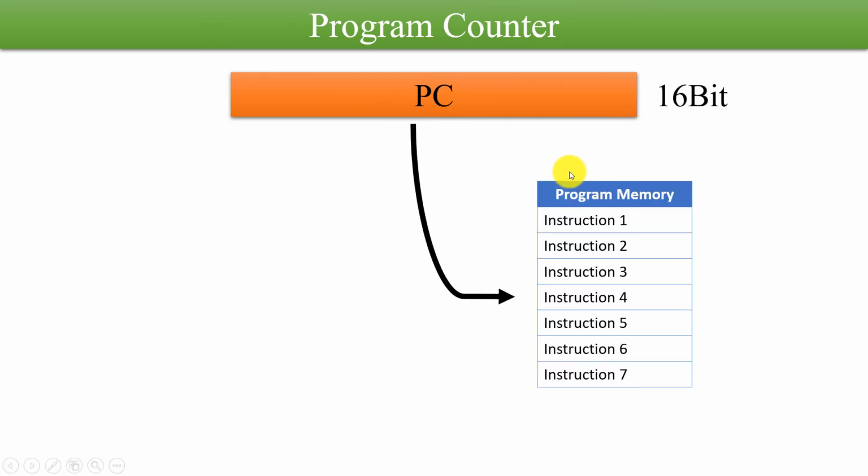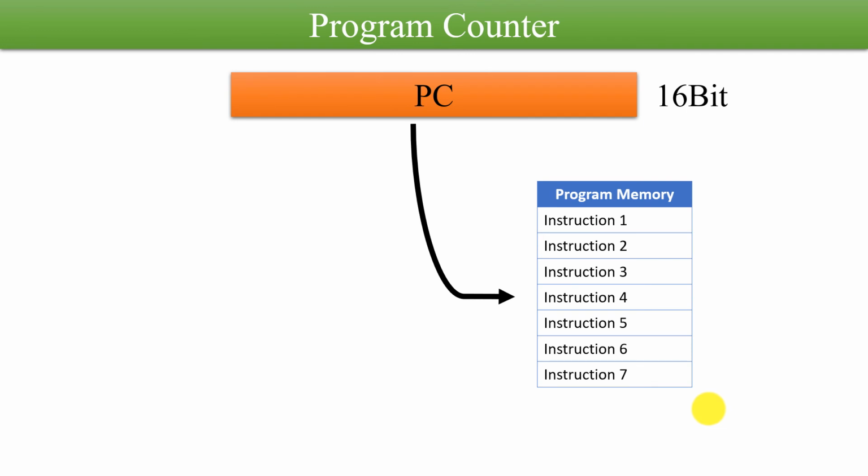So if, for example, in 8085 we have some program memory where some program is written, then the program counter register will point to the next instruction to be executed. So at present it is executing the third instruction, then it points to the fourth instruction. So as soon as number 3 is over, fourth is executed. As soon as number 4 is over, 5 is executed, and that is how it goes from one instruction to the other instruction.